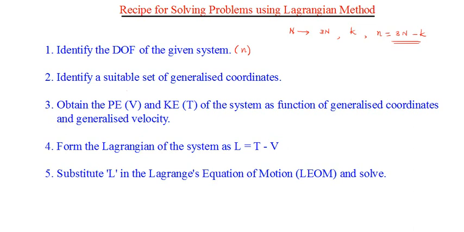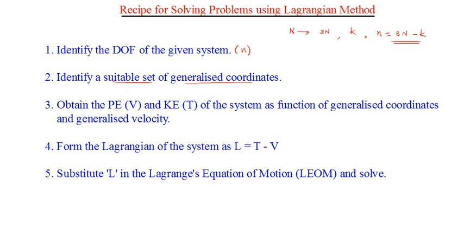Then once you identify the degree of freedom of the given system, the next task is to identify a suitable, convenient set of generalized coordinates. With the experience of solving problems, you will get an idea how to choose the proper generalized coordinates. A bit of logic and a bit of intuition will help you to easily identify the suitable set of generalized coordinates.